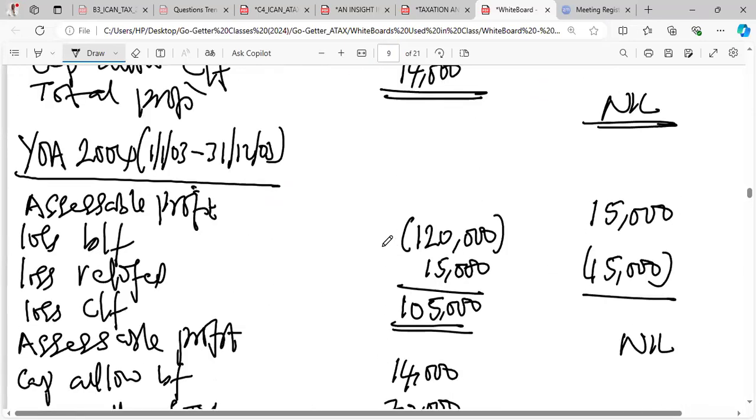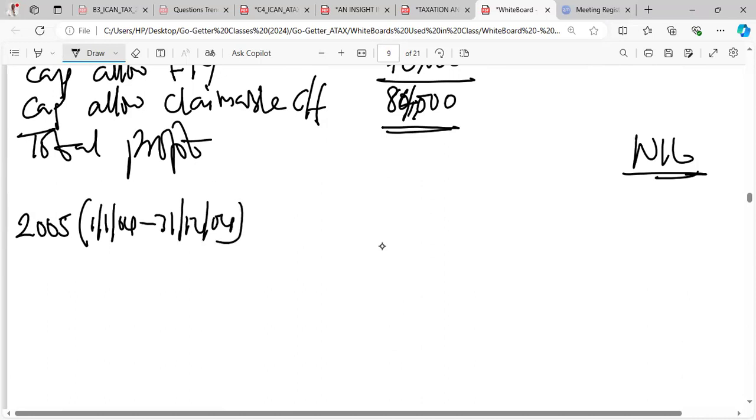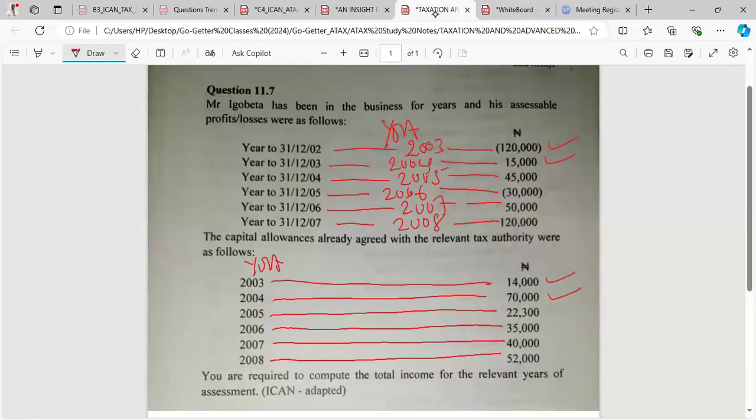We've just done 2004, so the next one is 2005. 2005, of course, is going to be from January 1, 2004 to 31st December 2004. So what do we have? 45,000 as profit.